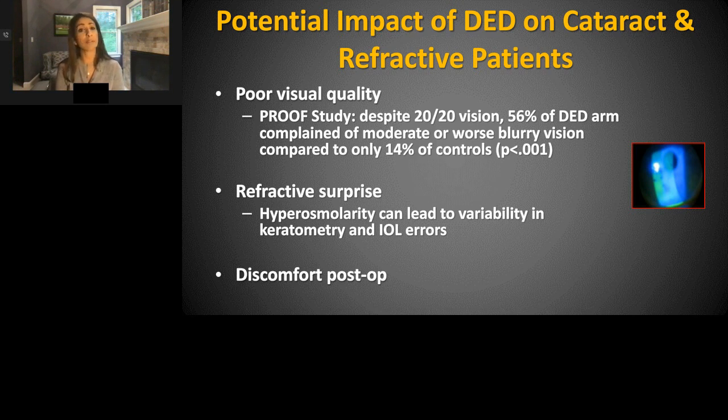And then, of course, one that we're very familiar with as clinicians, which is that patients often just don't feel good. They complain of foreign body sensation, irritation, and so we certainly don't want our patients to have a negative association of the surgery with their vision.